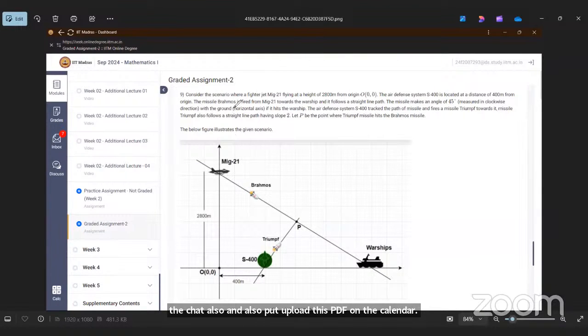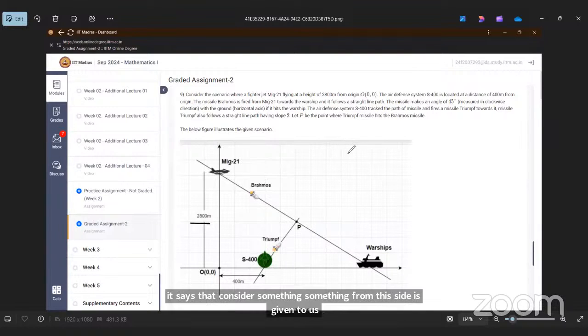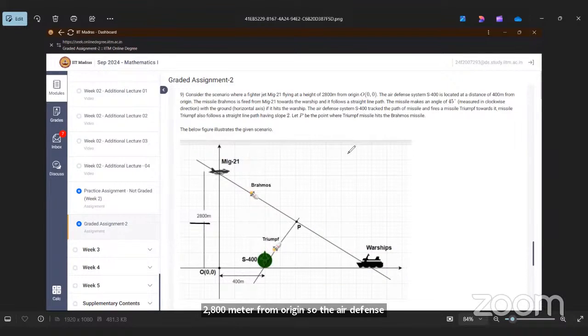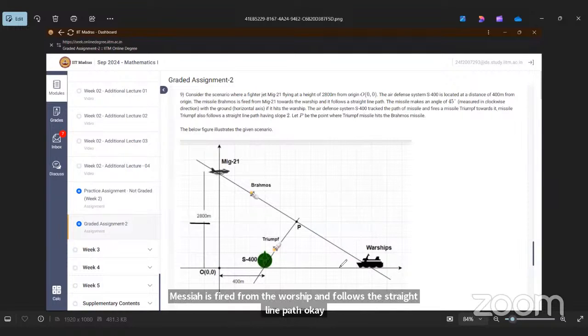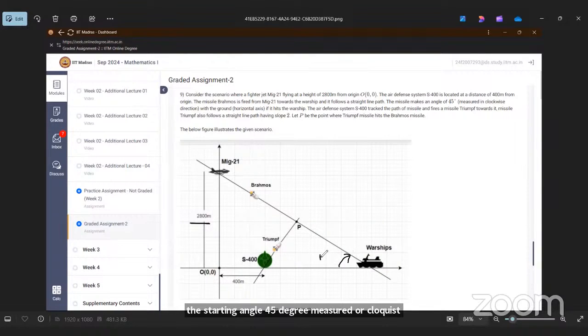It says that a warship at this height is given to us, 2800 meters from the origin. The air defense system is located at a distance of 400 meters from the origin. The missile is fired from here toward the warship and it follows a straight line path. The missile takes an angle of 45 degrees measured in the clockwise direction. So this is the 45 degree angle.